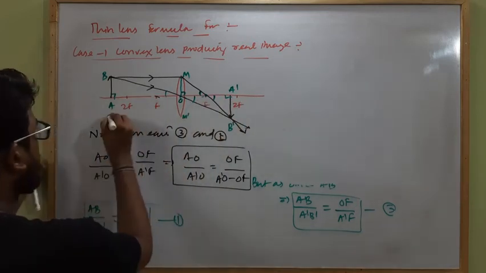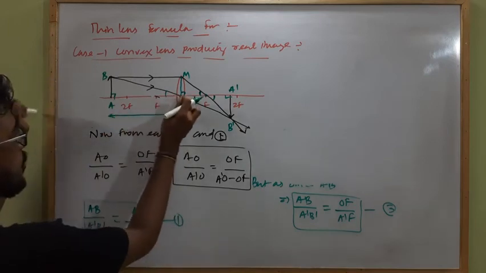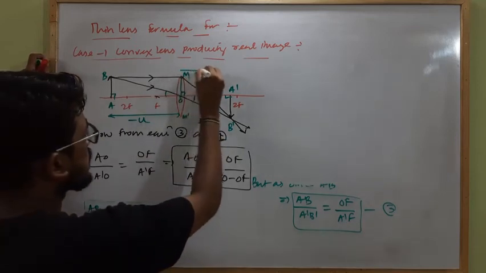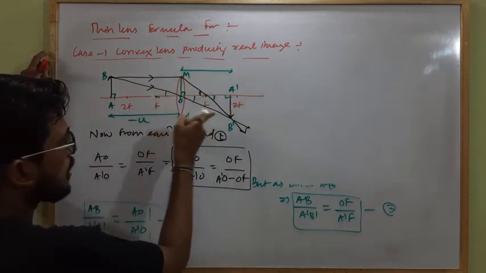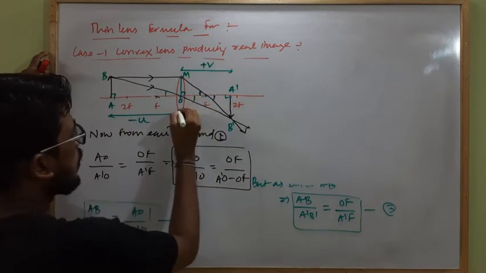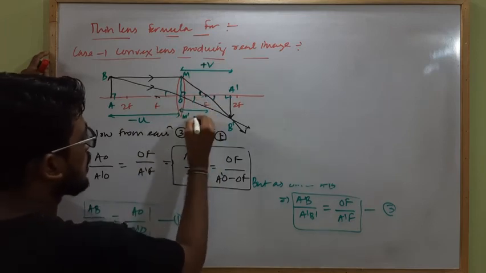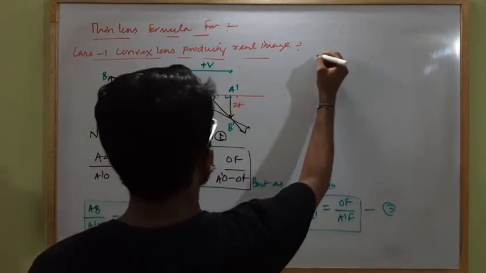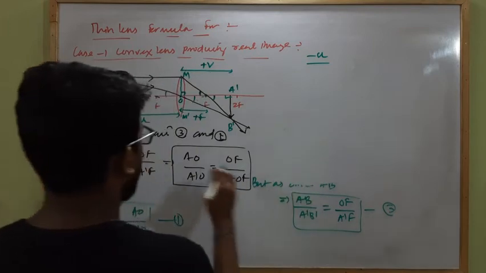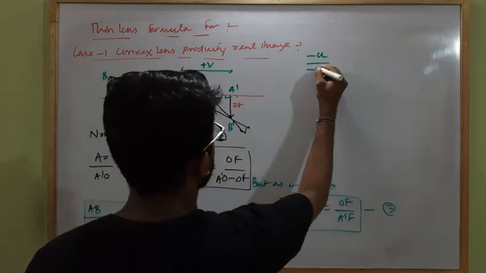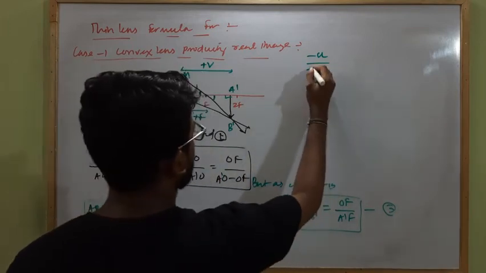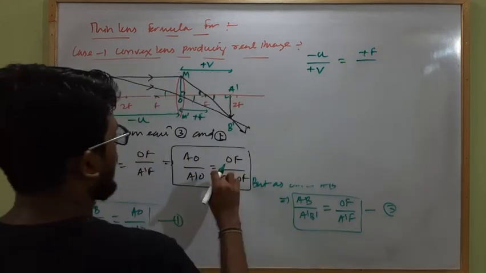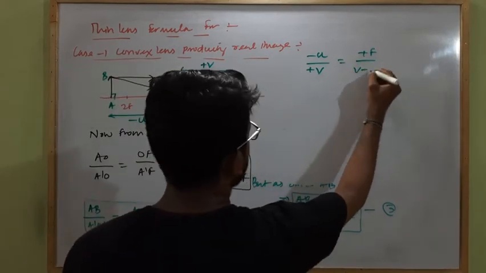OA is the object distance and it is measured opposite to the direction of incident ray, so minus U. What is A'O? A'O is the image distance which is measured along the direction of incident ray, so plus V. OF is the focal length which is measured along the direction of incident ray, so plus F. So now replacing, AO is minus U divided by A'O is plus V, equal to OF is plus F divided by A'O is plus V minus F.